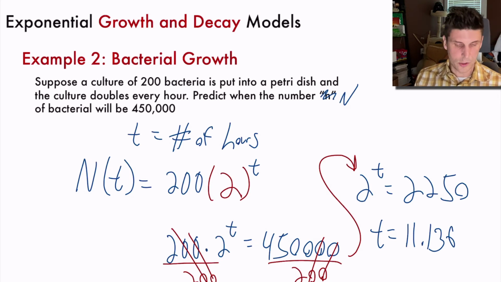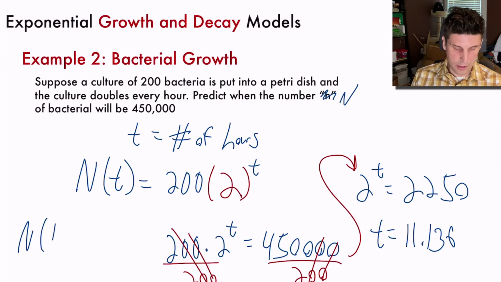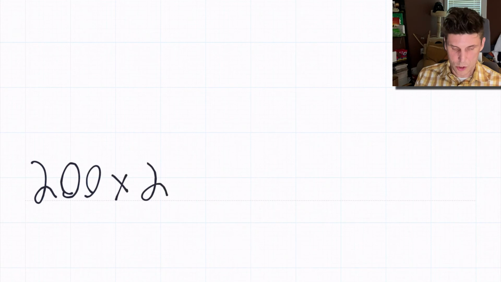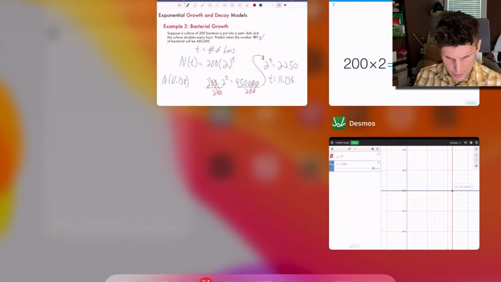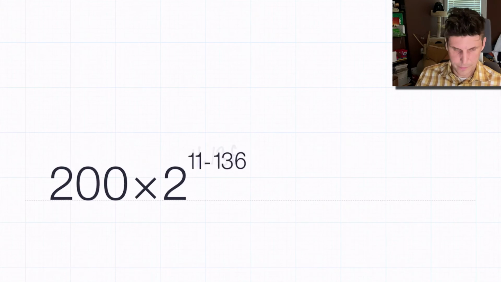So let's test it out. Let's go back to the original function and evaluate N of 11.136. So it's going to be 200 times 2 to the 11.136.